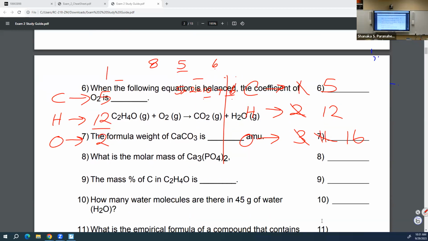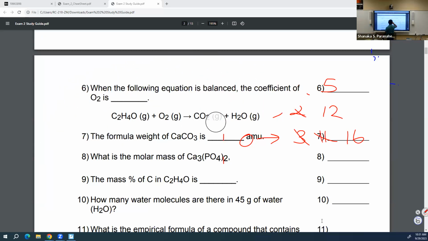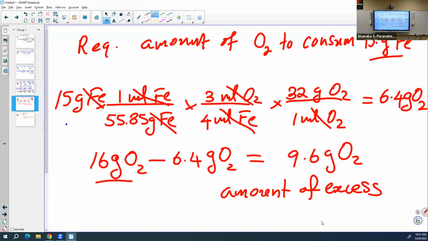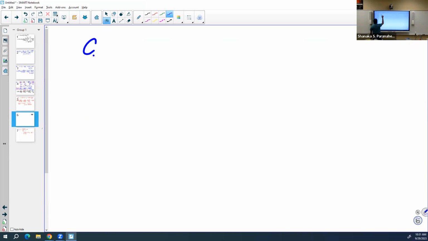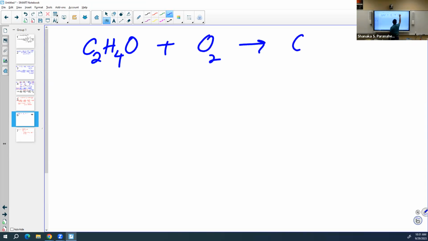Okay, so this is another reaction. I think I did this example in the lecture. Yeah, so you can look at this question. I think I explained this, but I can do it again. C2H4 plus oxygen produces carbon dioxide and water.